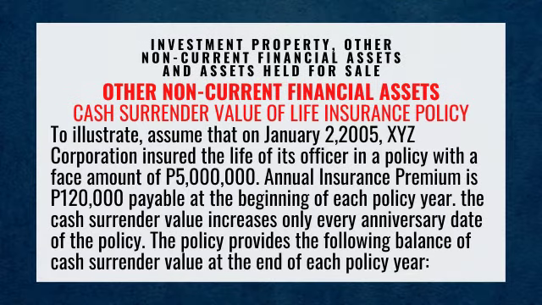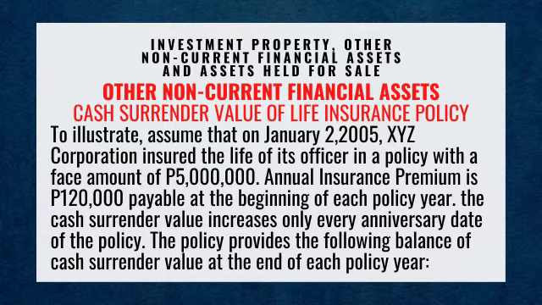To illustrate, assume that on January 2nd, 2005, XYZ Corporation insured the life of its officer in a policy with a face amount of 5 million pesos. Annual insurance premium is 120,000 pesos payable at the beginning of each policy year.